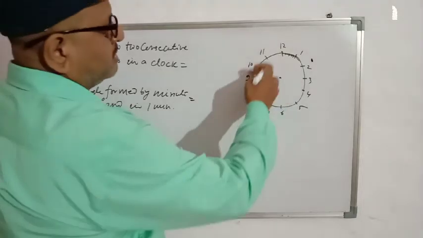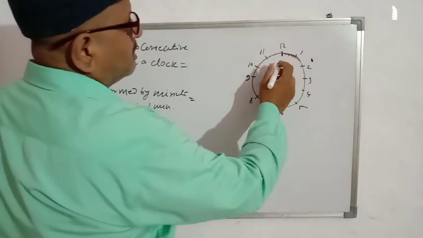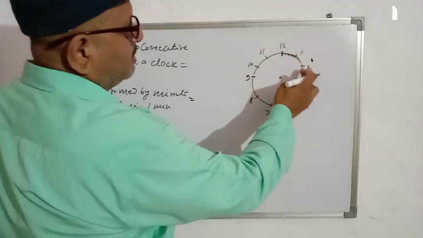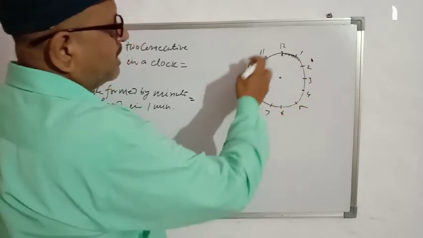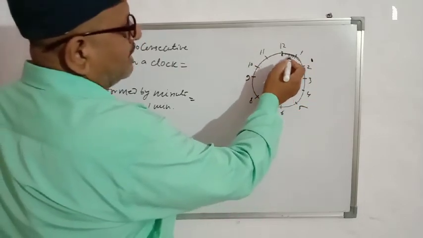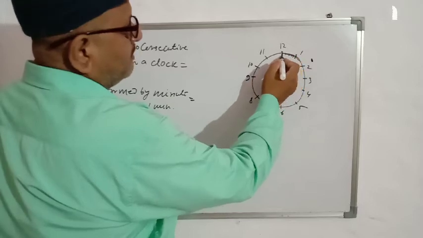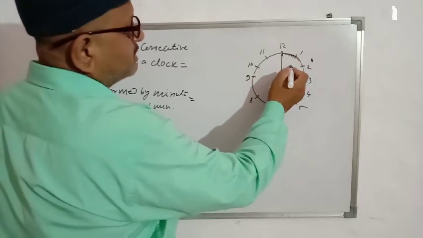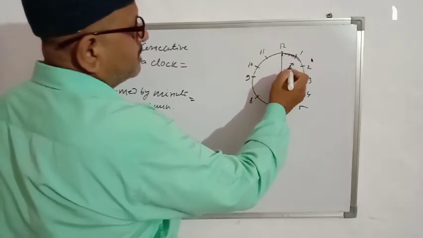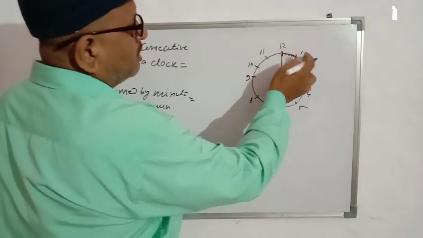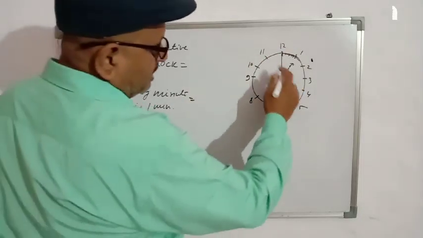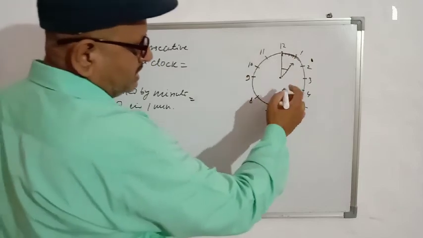So suppose this is a clock. On the clock, from 12, 1, 2, 3, 4, 5, these digits are written. What is the angle between two consecutive digits? Complete angle is 360.